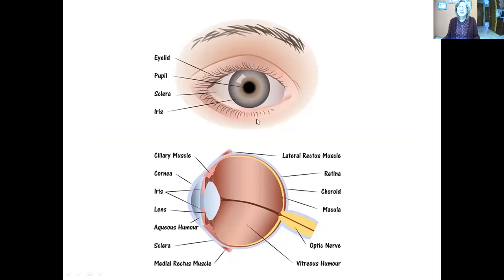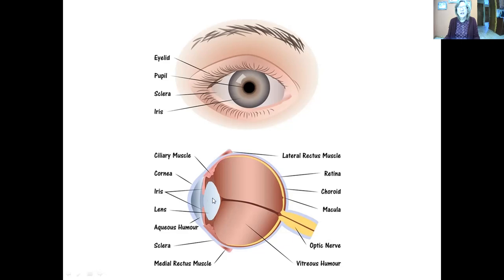Here's our eye as we normally see it on our face. And then this is what we call a diagram of our eye so we can see on the inside because we can't see the inside just looking at our eye, can we? All right, over here is where we have our pupil and our iris. And we said the light goes through the pupil and it gets to this part of the eye called the lens.